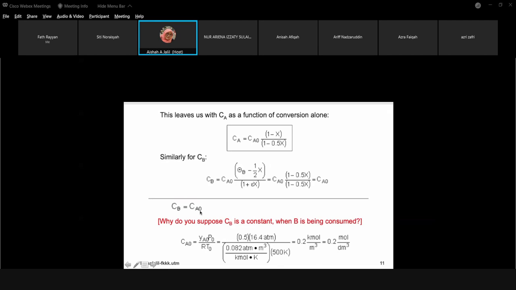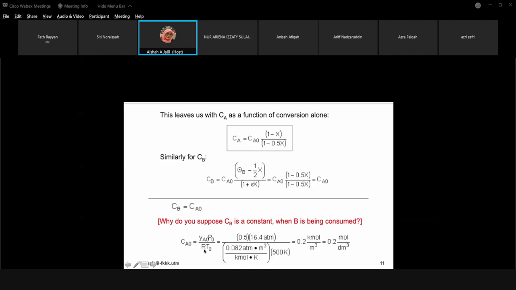Any answer from you? This is how to calculate C_A0. If they give you the pressure, temperature, and y_A0, this is equimolar, so you can calculate C_A0 like this.